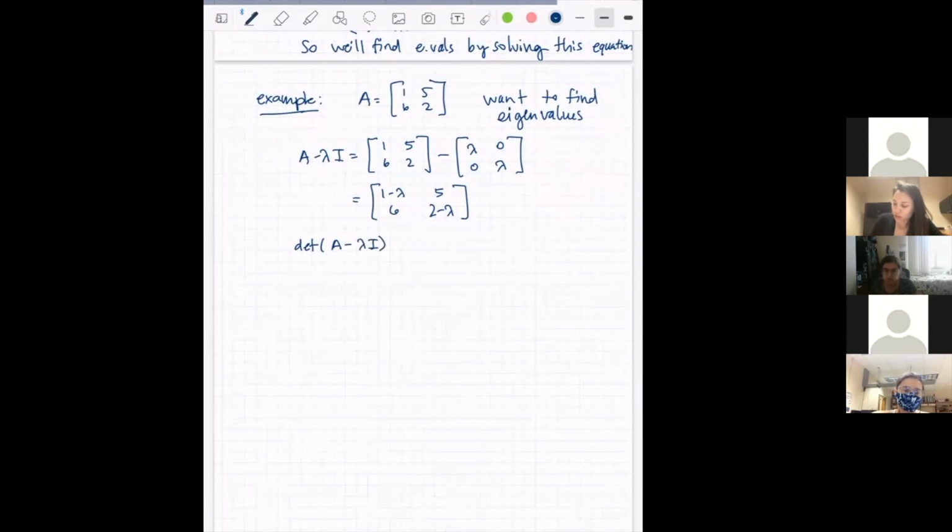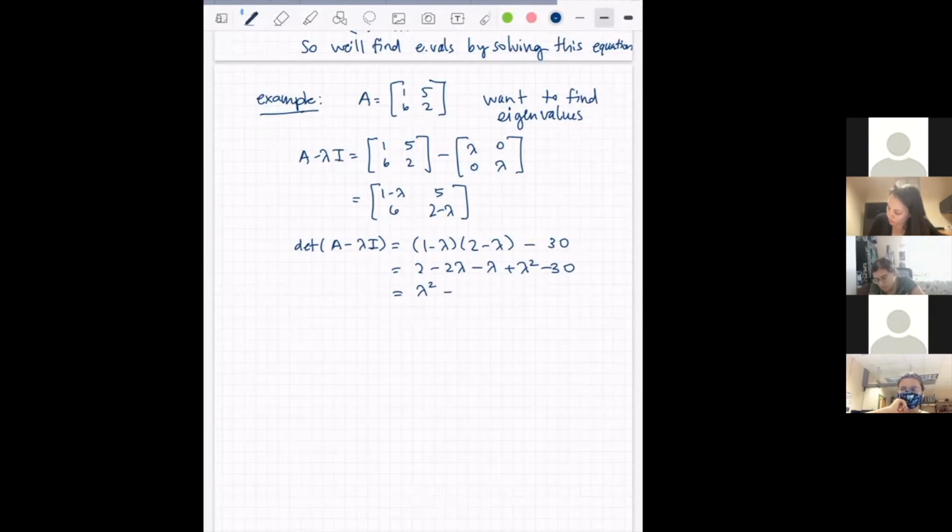And the determinant of that, this is just a 2x2 matrix, so we can compute the determinant fairly easily. So this is this guy minus 30, and we can just multiply this out and we will get a polynomial in lambda. So this is 2 minus 2 lambda minus lambda plus lambda squared minus 30, which is lambda squared minus 3 lambda minus 28.